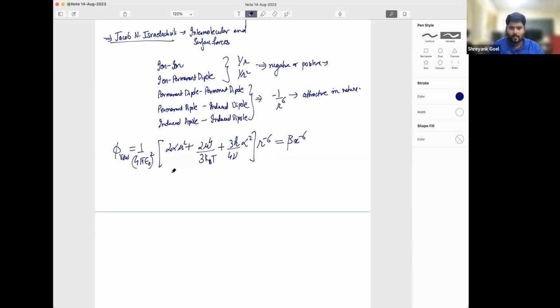Beta is a constant. This part is coming from the Debye interaction, this is coming from the Keesom interaction, and this is coming from the London dispersion. Okay.